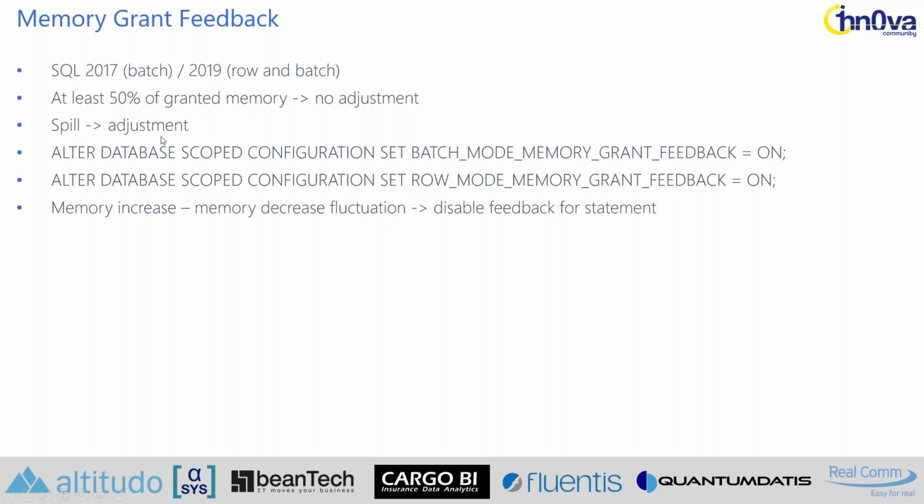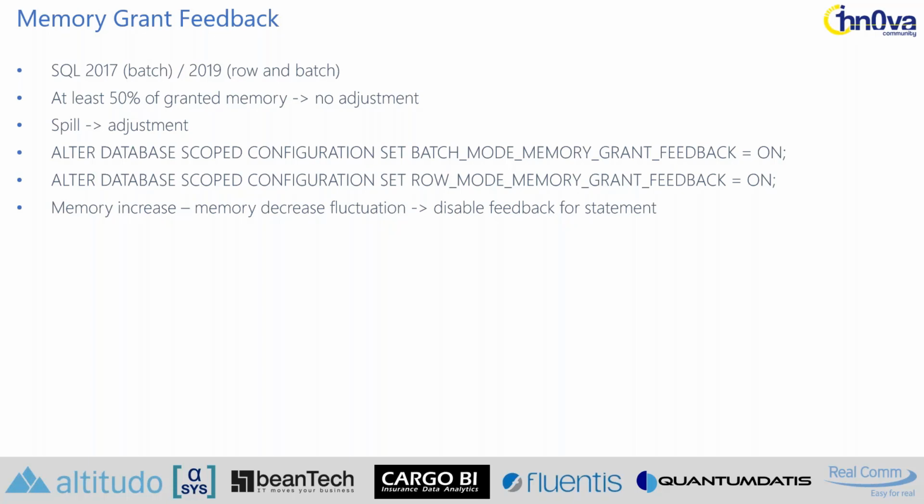This feature enables SQL Server to adjust memory after the first execution, when it knows that on the first or subsequent executions there was an overestimate or underestimate of rows. In the second execution, SQL Server will adjust that granted memory. It will decrease it or increase it.